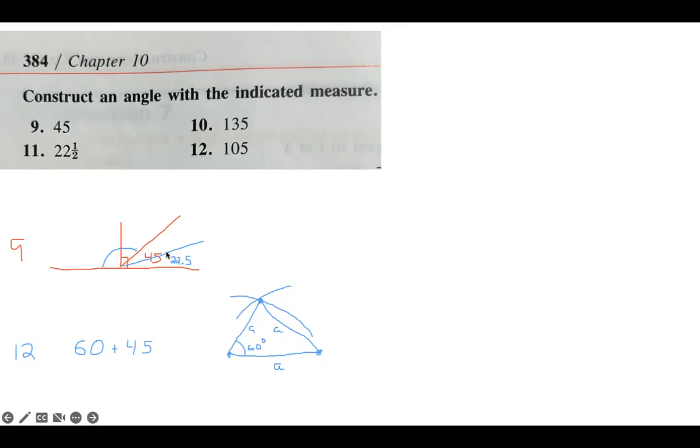I would copy the 45-degree angle over here, so I'm going to use the construction where you make a congruent angle. I'll copy that angle, and that would be your 60. And then I would copy that angle there on number 9, 45 degrees, and attach it to it. There's your 45 degrees. And that would give us 105 degrees together.